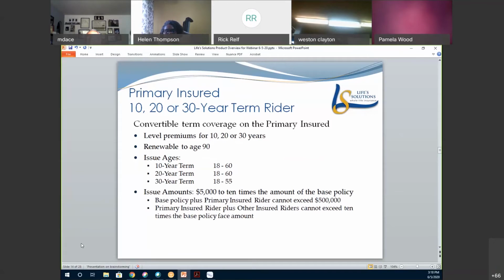And these riders can be issued anywhere from an amount of 5,000 up to 10 times the amount of the base policy, not to exceed a total of 500,000 on the primary insured. So great deal of flexibility here, a lot of options presenting themselves right there just to get the primary insured enough coverage. And as I say, you can convert that term coverage as they want to turn it into more of a bigger permanent plan. Next slide.